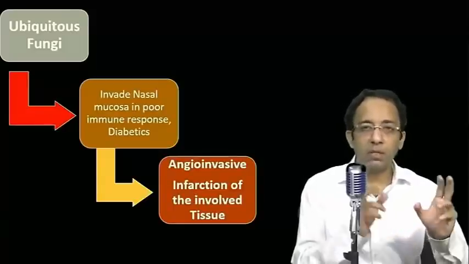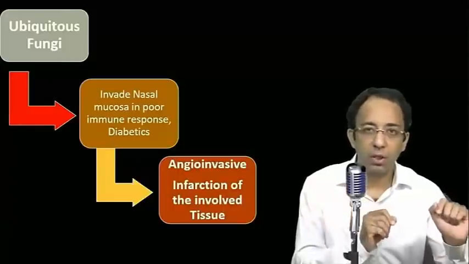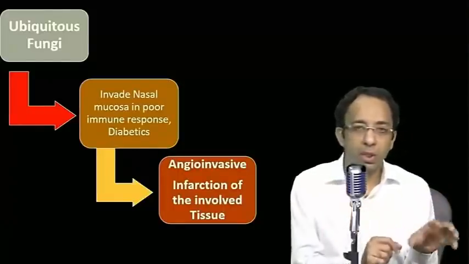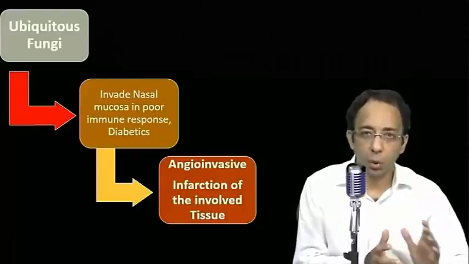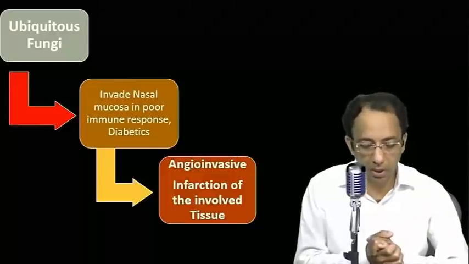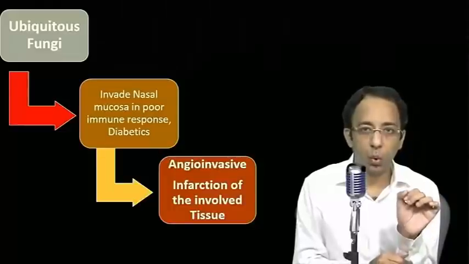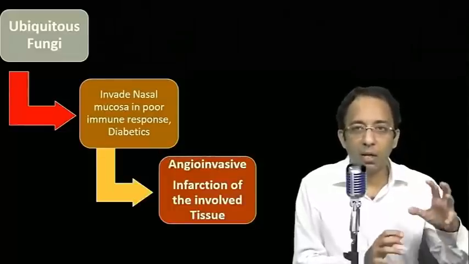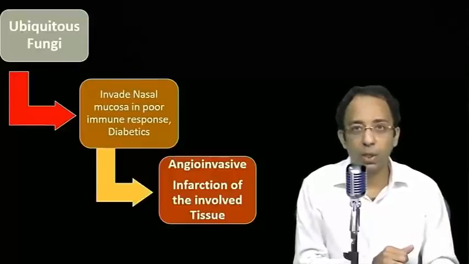So keep in mind, this fungus is angioinvasive and it will lead to infarction of the involved tissue. This is of critical importance for one of the radiological signs that I will be teaching you today, which is my pick for the question in the upcoming exam. But remember, the tissue can get infarcted because of this fungal infection. That is very important to remember here.